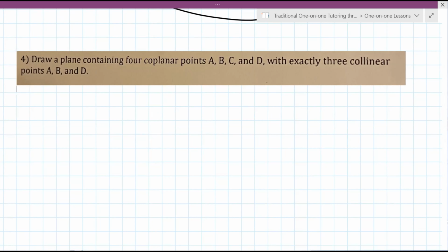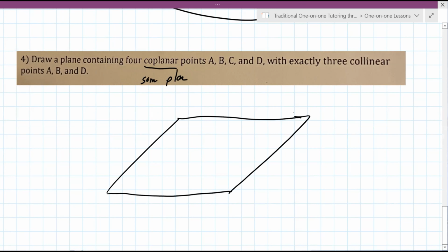Okay. So we're going to draw a plane containing four coplanar points. That means they're all on the same plane, coplanar. There's a bad joke there. Next time you get on an airplane, you can tell everyone you're coplanar. So there's 4 points. Here's how you draw a plane in three-dimensional space. You basically draw a pushed over rectangle.